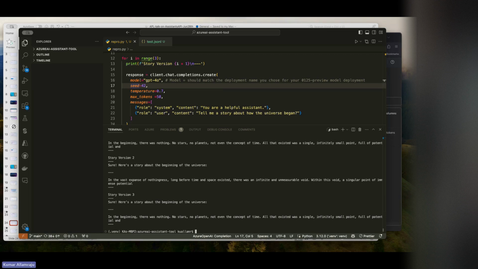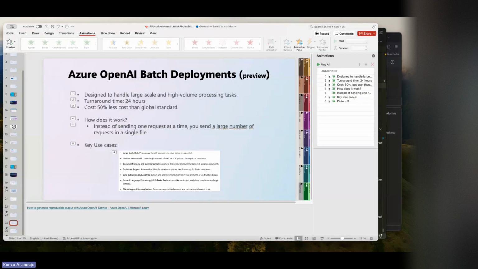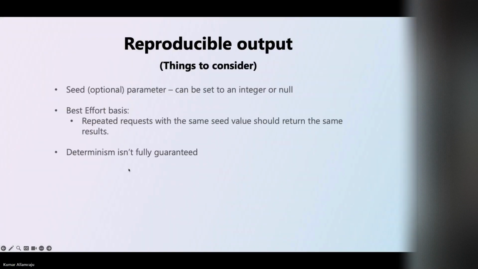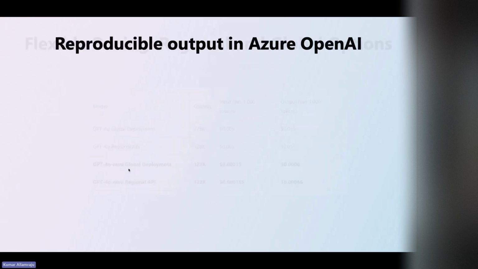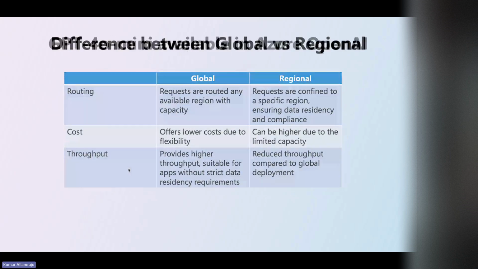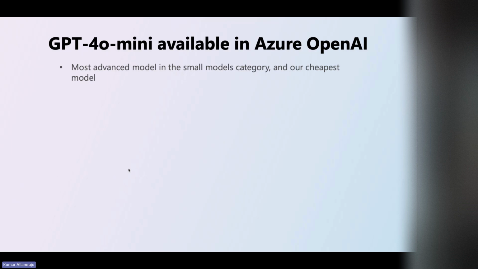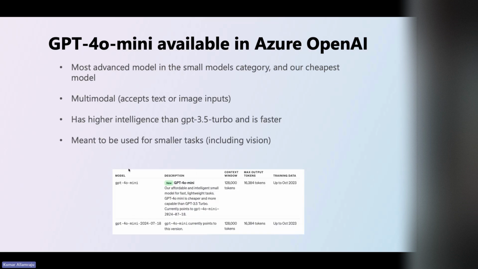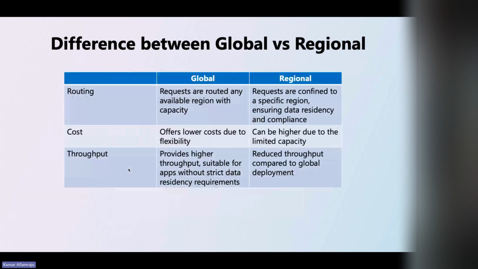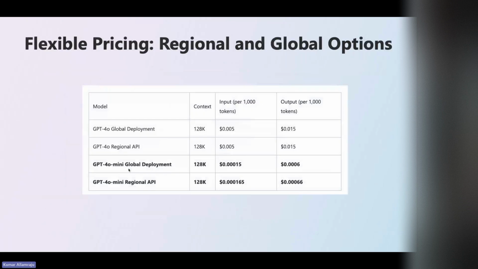Now moving on to the next touch point that I wanted to talk about. Just to give a quick recap for who joined a little late: GPT-4 Mini is the latest model that we introduced in the last month or so. It's multi-modal, handles text as well as images, and it's a bit cheaper than GPT-4o.